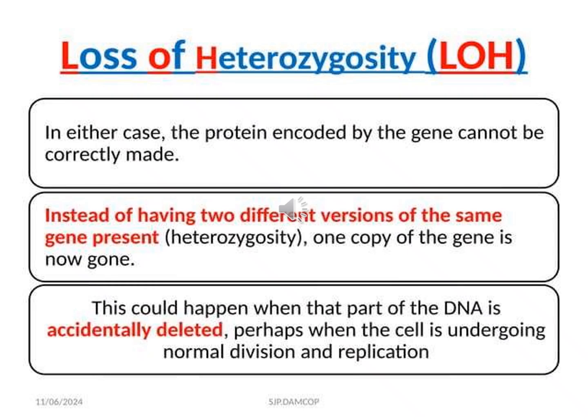Especially, this LOH is strongly associated with tumor suppressor genes: in RB1, LOH leads to retinoblastoma, and TP53 LOH contributes to multiple cancers. Then BRCA1 contributes to an increase in breast or ovarian cancer risk.